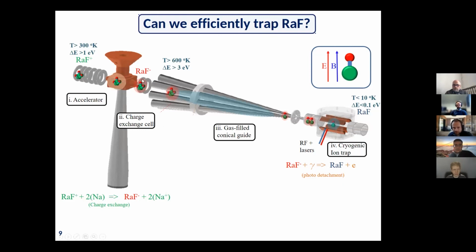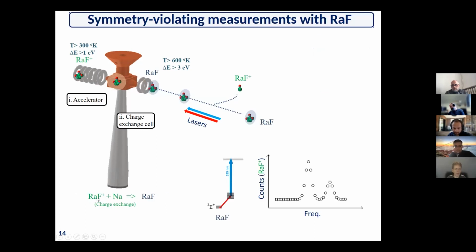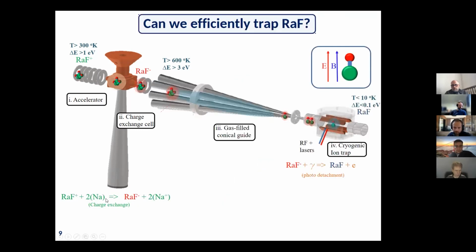One idea that was suggested is to create the negative molecular ion, then trap the negative molecular ion, and then do the photodetachment. That's a gentler process in which you produce the neutral already in a cold or relatively cold environment. And in the experiment, we are doing this exchange reaction, radium fluoride neutral. But this seems possible: to have the double charge exchange cell and produce radium fluoride minus, and then trap this. So that's one of the technologies that we'd like to explore.